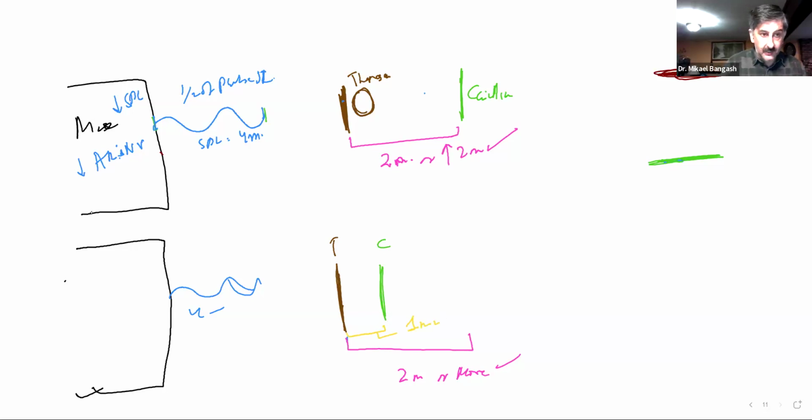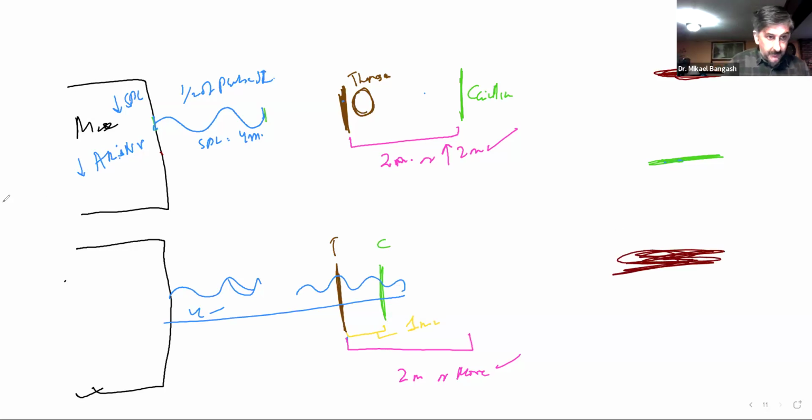Now when this big pulse comes and then reflects back, what do you get? It's Teresa being smushed up with Caitlin. What that may look like to me is that Caitlin is wearing Teresa's top, because I can't distinguish between you two.